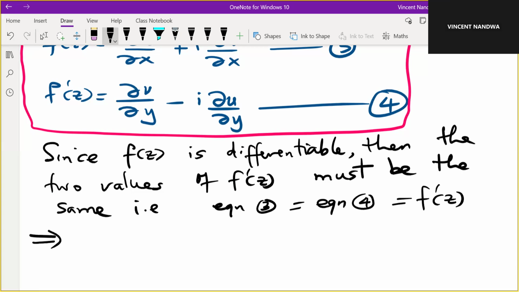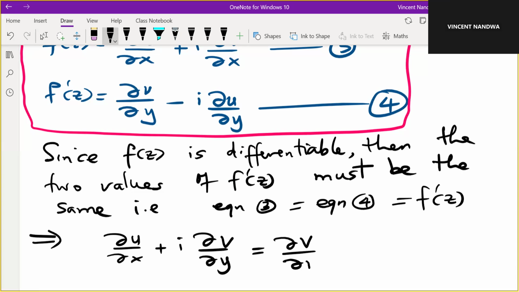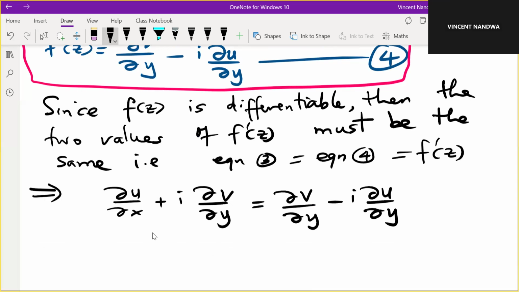So here we have partial u, partial x, plus i partial v, partial x, equals partial v, partial y, minus i partial u, partial y. And remember, the left-hand side is a complex function, similarly the right-hand side is a complex function. Or even if you view them as complex numbers, when do we say that two complex numbers are equal?